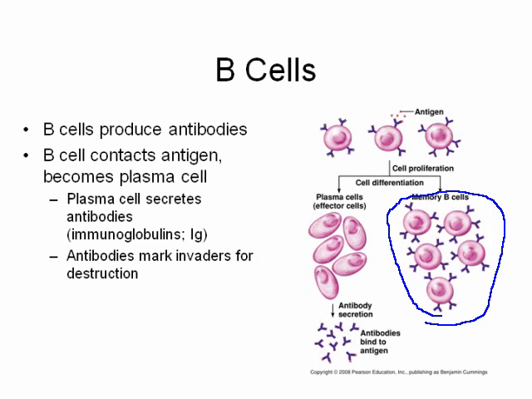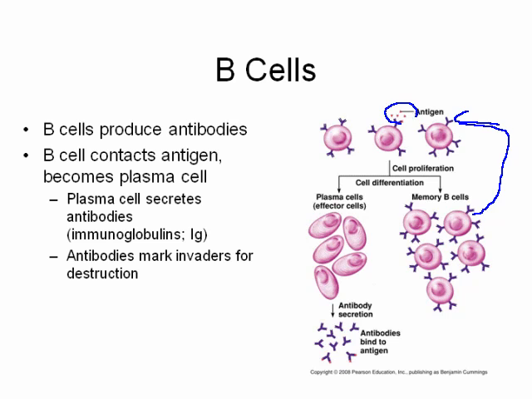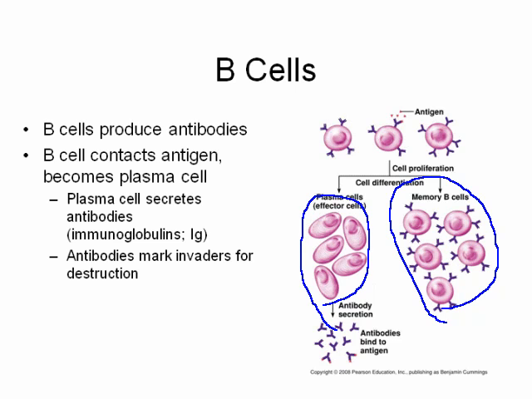And memory B cells are pretty much the same thing we started out with up here, in that these have the antibody attached to them and therefore are maintaining the memory of what this antigen is that we want them to react to. So these memory B cells will circulate around until they again encounter antigen, in which case they repeat this process of proliferating, that is, increasing in number and differentiating into either plasma cells or a new batch of memory cells.